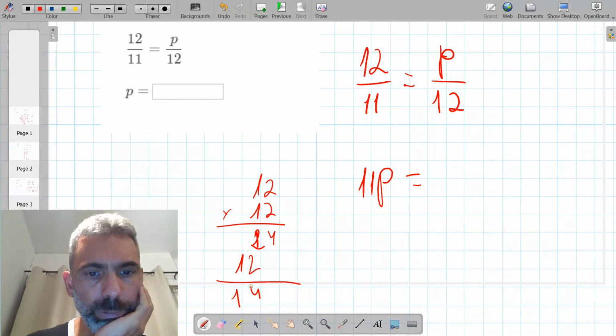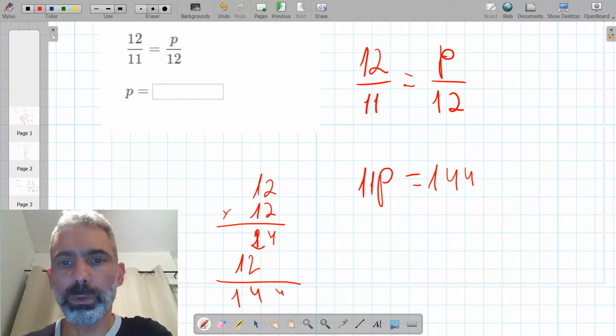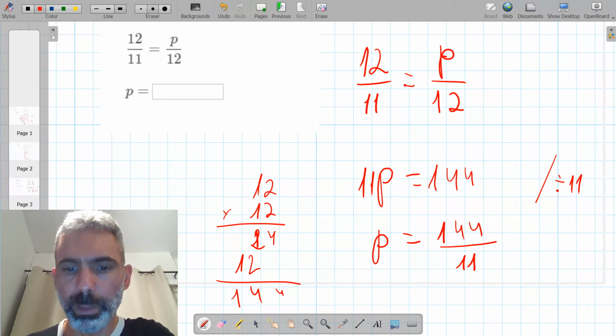So 1, 4, 4. So 11 times p is 11p. 12 times 12 is 144. So to isolate the p, we divide both sides of the equation by 11. So p equals 144 divided by 11.